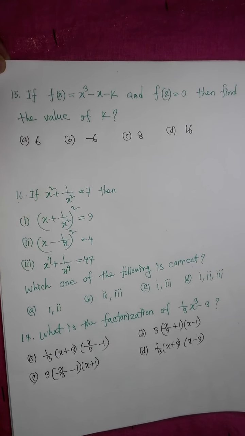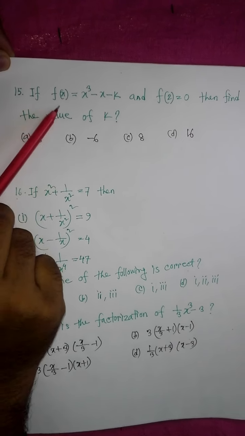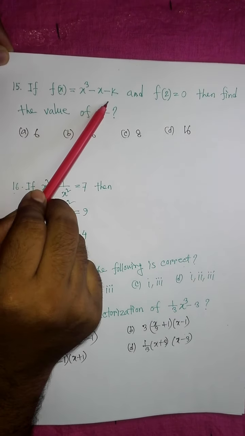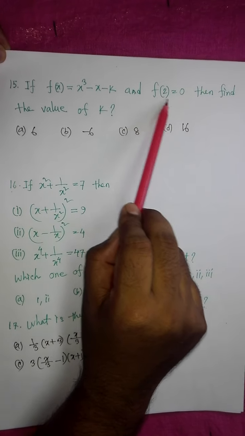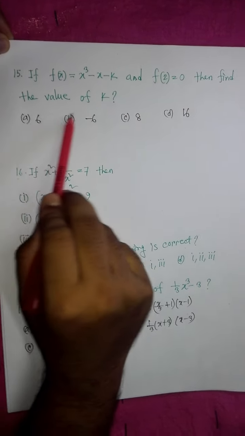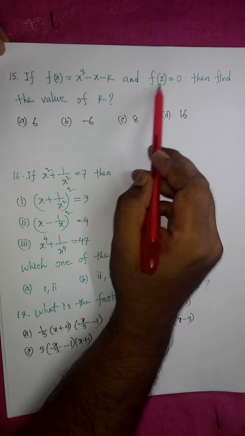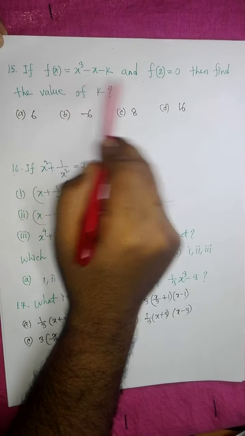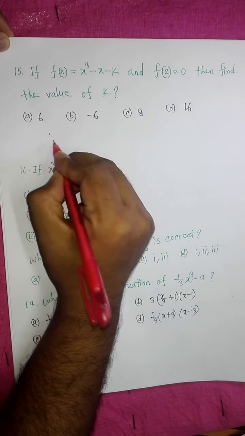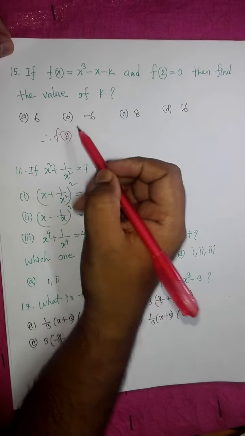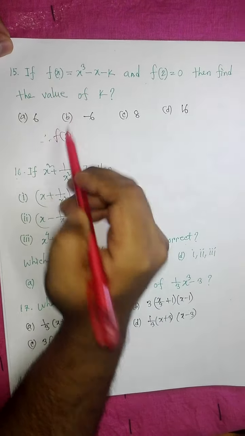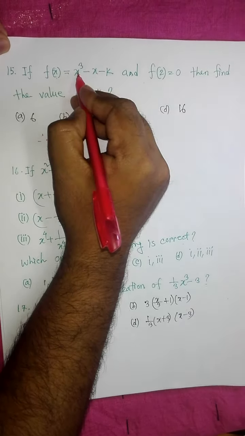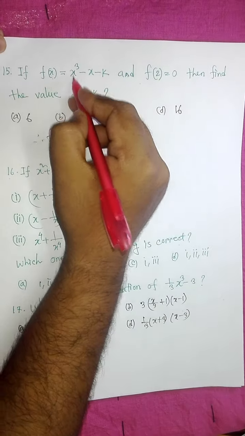Now question number 15. If f of x equal to x cube minus x minus k and f of 2 equal to 0, then find the value of k. Here f of 2 equal to 0. So at first we find the value of f of 2 from here. So f of 2, here we put the value of x as 2, so we write 2 for all x.